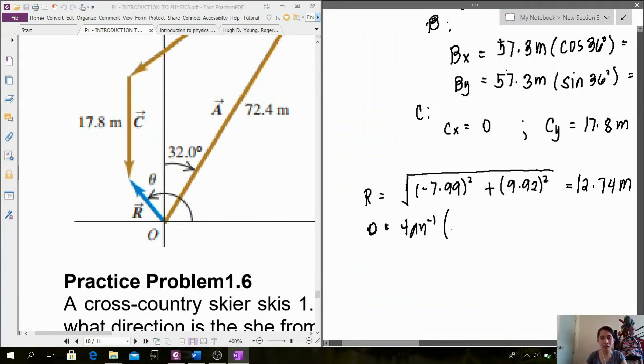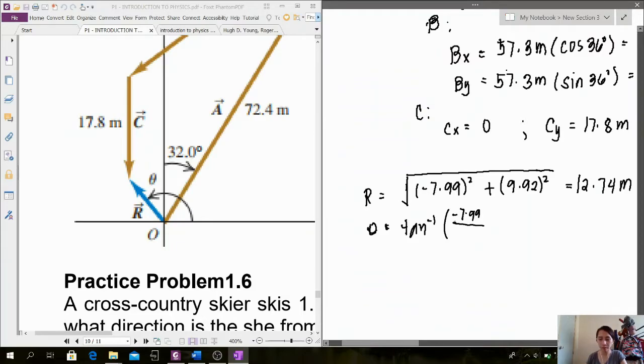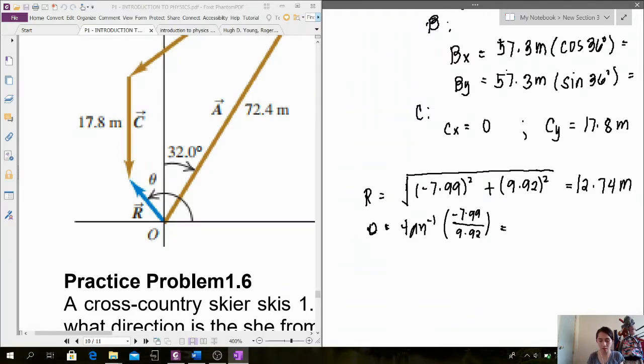So tangent is opposite over adjacent. So we have negative 7.99 over the y component, which is positive 9.92 meters.